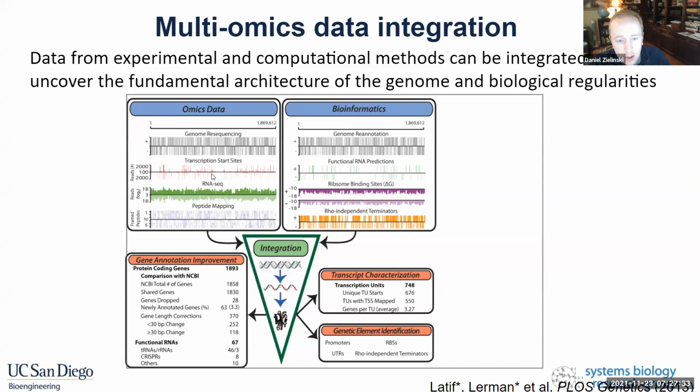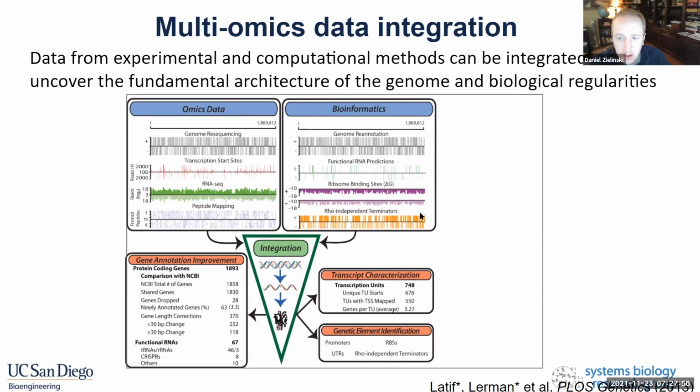Just some more context for what kind of experimental data can come into this. A lot of these data sets just look like these little peaks where you're measuring transcription start sites, RNA-seq. You might find ribosome binding sites from ribosome profiling or from a computational analysis.